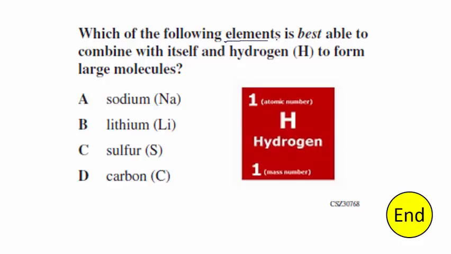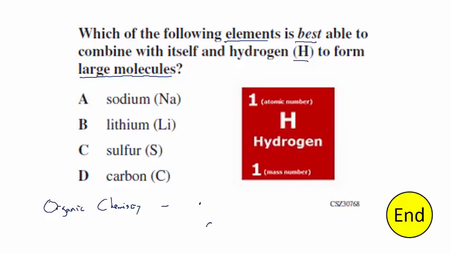Which of the following elements is best able to combine with itself and hydrogen to form large molecules? This is tricky. There's a whole branch of chemistry called organic chemistry. For the most part, organic life forms like plants and animals are made up of very long chain molecules: proteins, lipids, carbohydrates, and things like that.